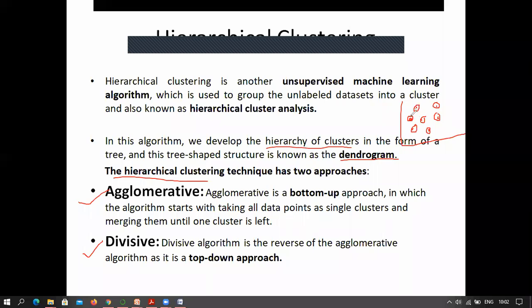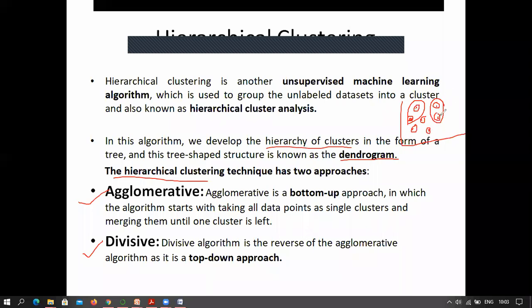Now suppose these two clusters are very near to each other, that means their distance is very small. Then I will combine them into one cluster. And suppose these two are close to each other, I will combine them into one cluster. Next, this is assumed as one cluster, this as a second cluster, this is third, fourth, fifth.